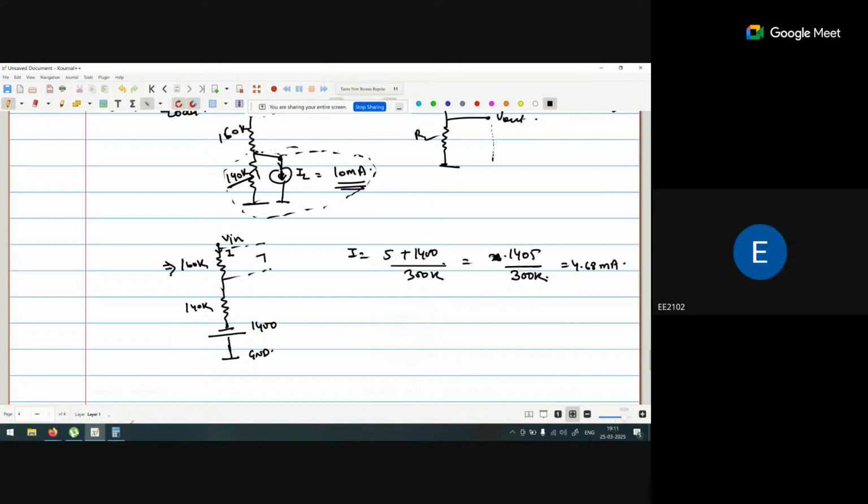The drop is 748.8 volt. So if 748.8 volt is already dropped across this one, what is the output voltage? The output will be V in minus 748.8.